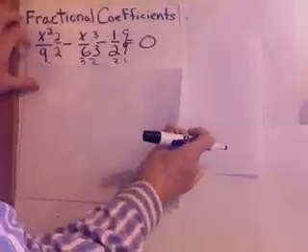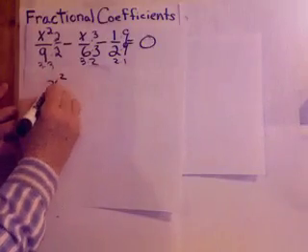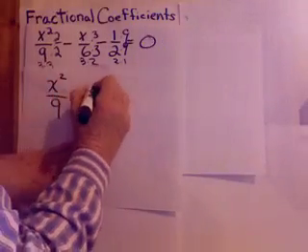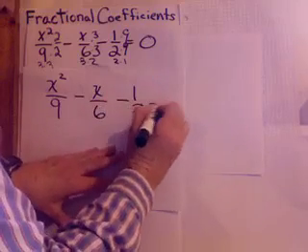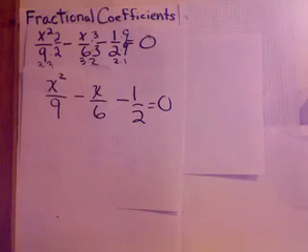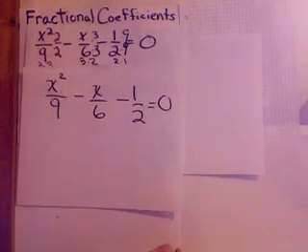Basically, let's take that same problem, so I'm going to write it down again. I had x squared over 9 minus x over 6 minus 1 over 2 equals 0. So decide what the common denominator would be. It would be 18.